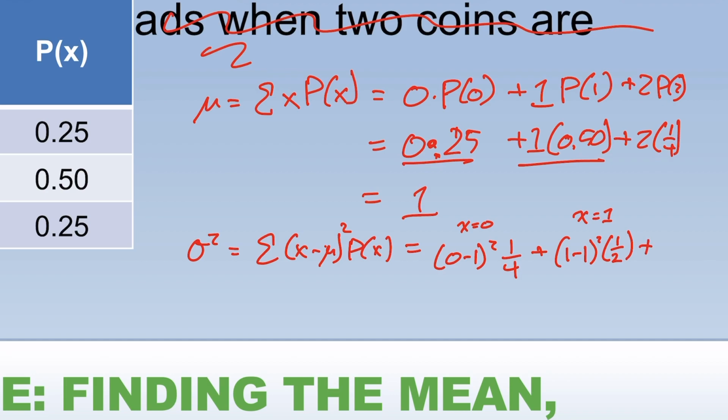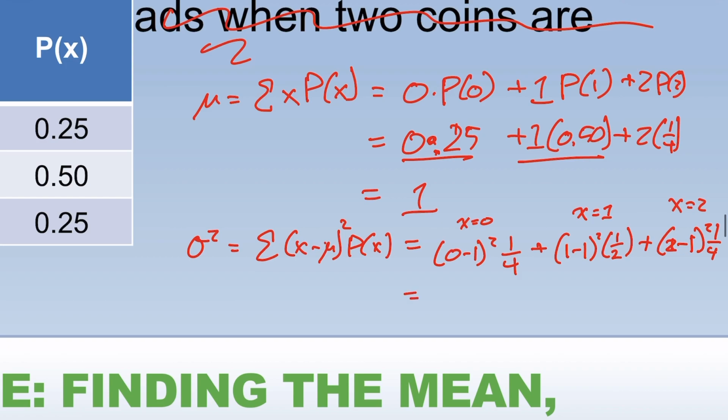And then the next one is 2 minus 1. This is the x equals 2 outcome. I square that, and I multiply it by the probability of getting 2, which is 1/4.